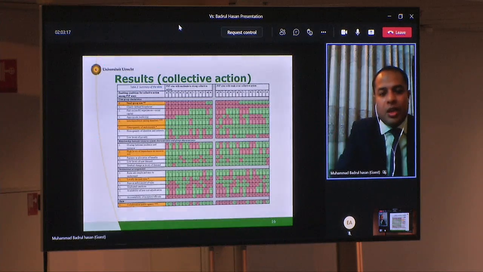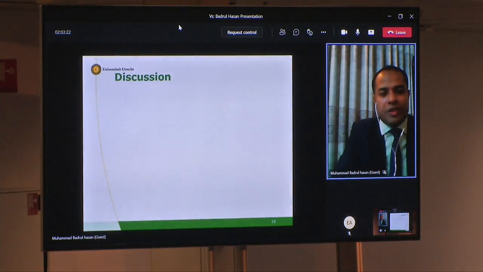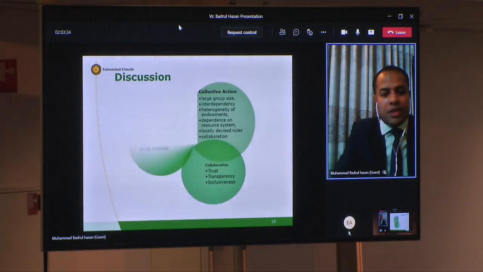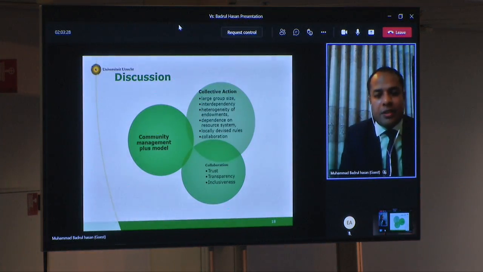I have found that, that's the correlation result table. So it's very difficult to recognize. So let's have a look at the results in this chart, which indicates that, computing correlation, I found that regarding the collective action, large group size, interdependency, heterogeneity of endowments, dependence on the resource system, locally devised rules, and collaboration appear to be the most important indicators that are likely to ensure the collective action among the drinking water system users.